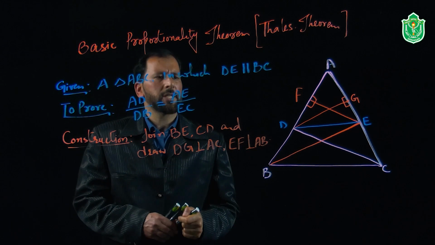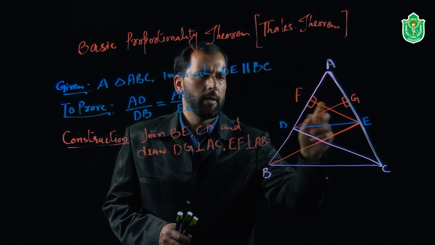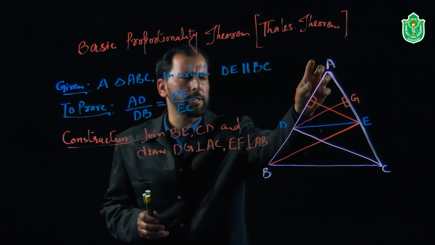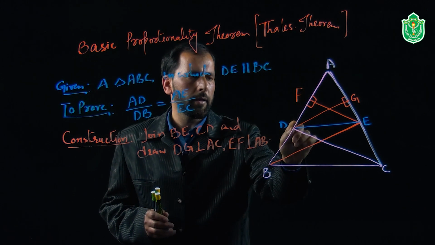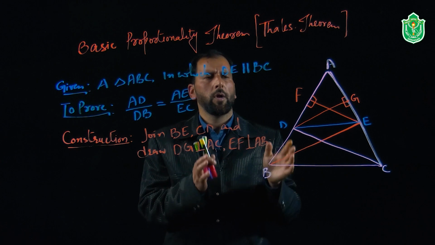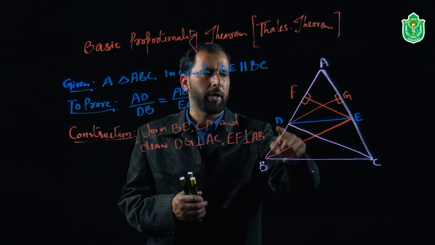Now let us consider the triangle ADE. Can anybody say what is the base of this triangle? If we take this smaller triangle A, D and E, which side is the base here? Here we have two bases, because we have two perpendiculars in this triangle ADE.